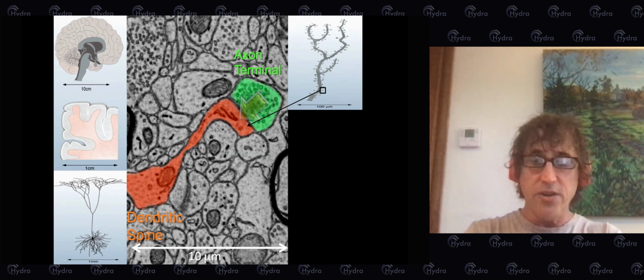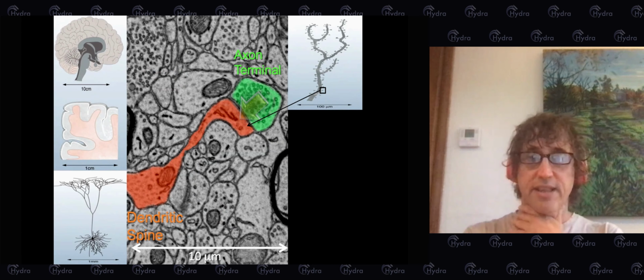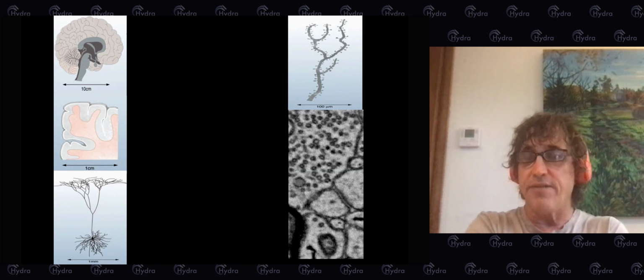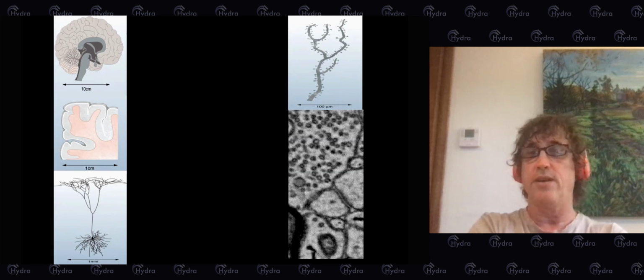Notice that I'm doing this at the level of an electron microscope. Why am I doing that? Why electron microscopy? Well, because it's impossible to actually see these connections at the level of a light microscope. I can't really tell who's connected to who with light microscopy, and so I've got to do this with an electron microscope.